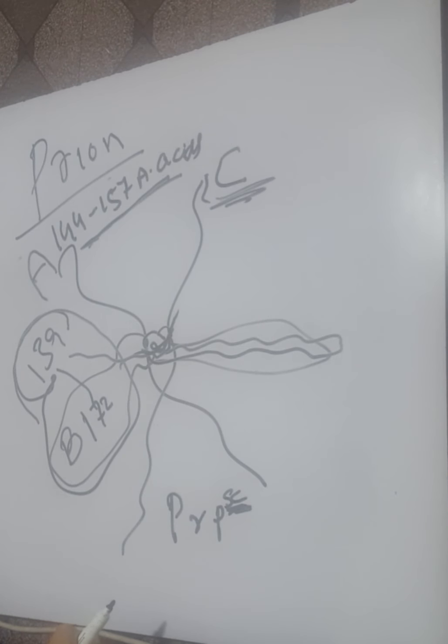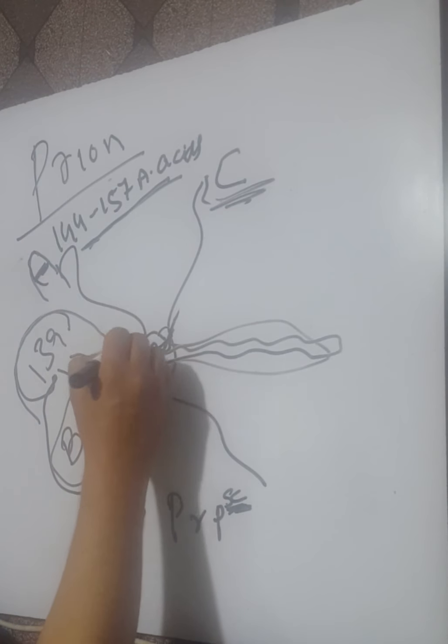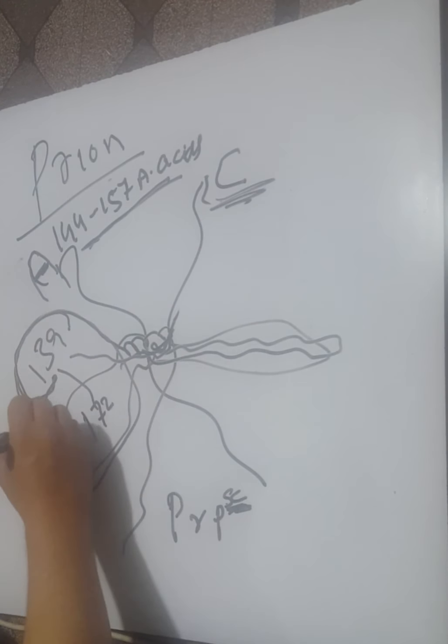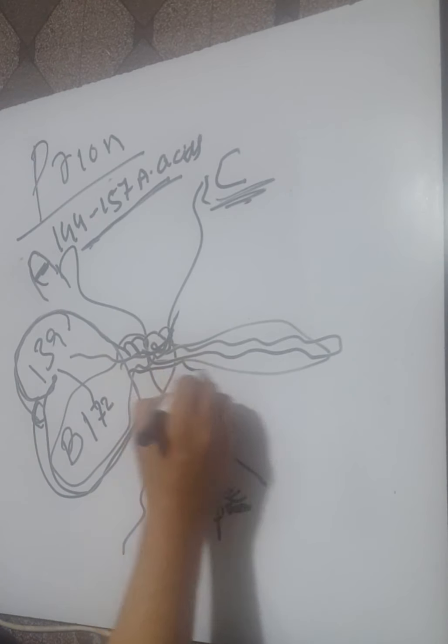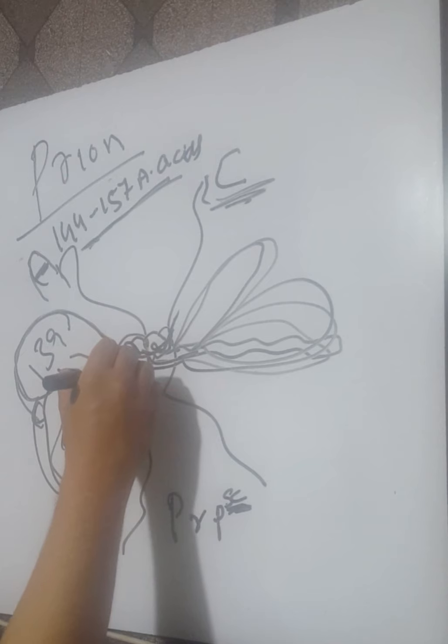The alpha helix of the recombinant prion is built to the beta ribbon of the PRPC. This is the ribbon that binds to the beta ribbon and causes the diseases.